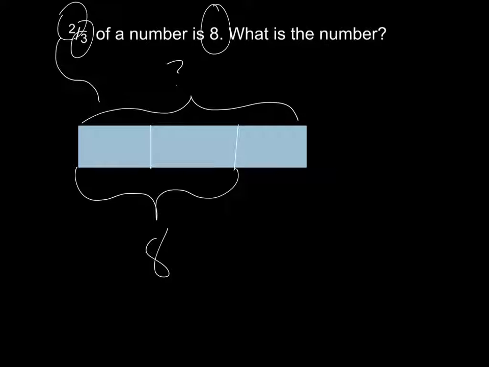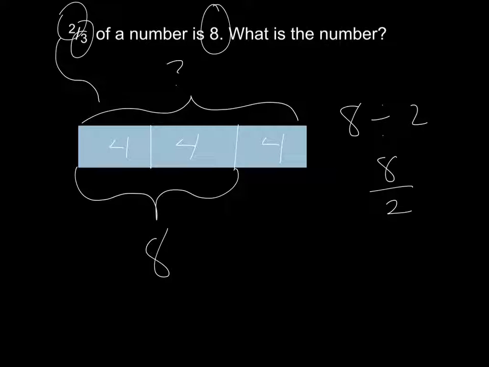So I know that if right here I have an 8 and there are 2 equal parts that make 8. So this is actually 8 divided by 2, or 8/2, and 8/2 is the same as 4. So I know that there are 4 in each of these parts, and since this is a fraction, I know there has to be 4 in the third part as well.